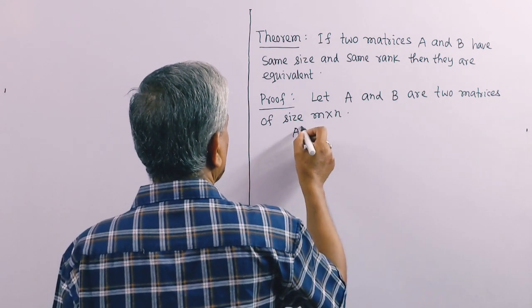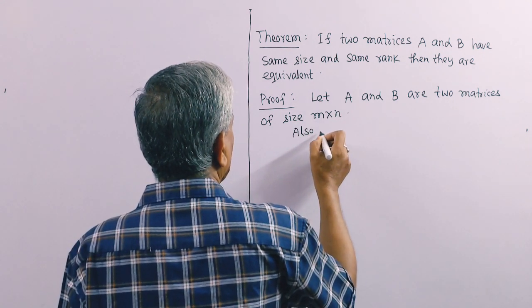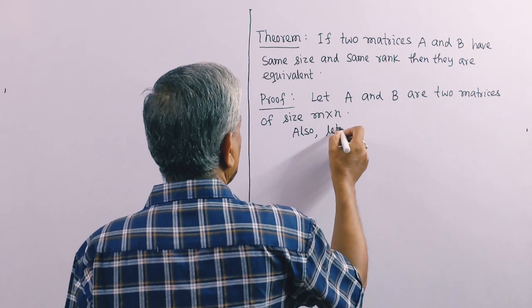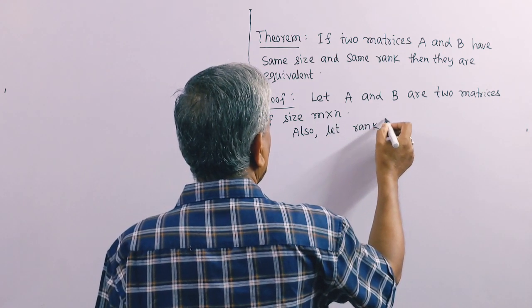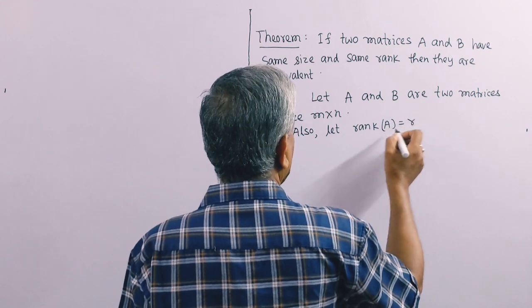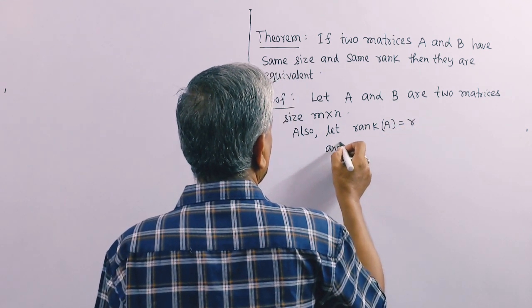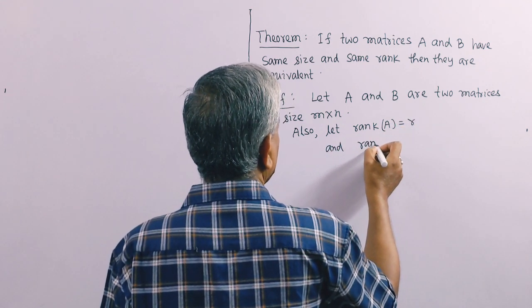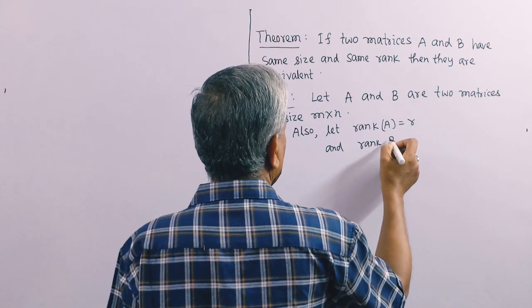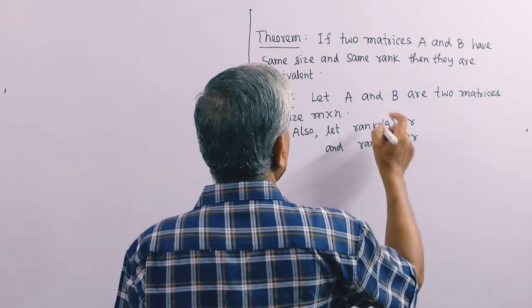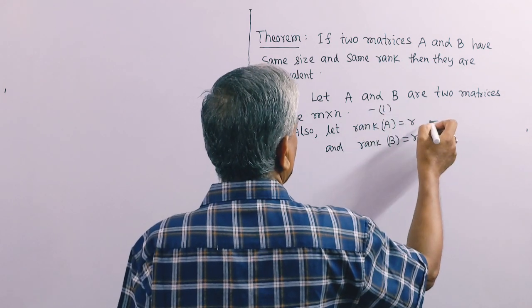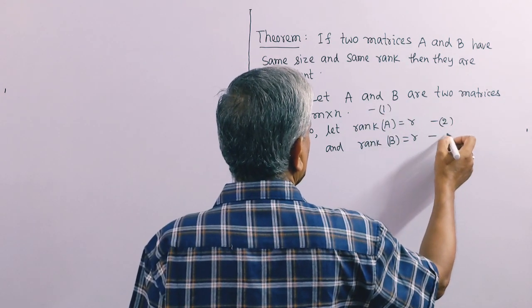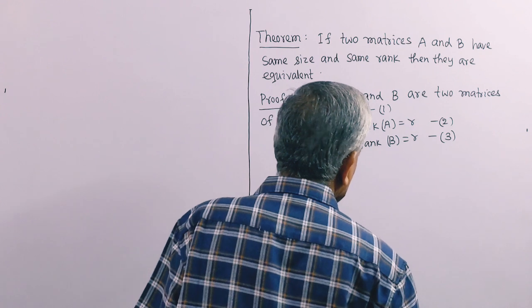Also, let rank of A equal r and rank of B equal r, the same rank. This is number 1, this is number 2, this is number 3.